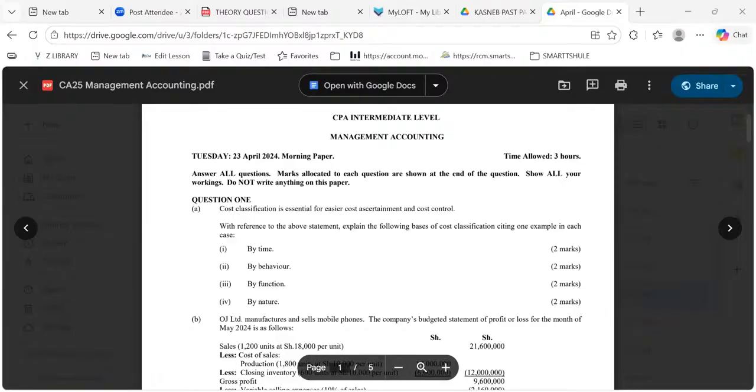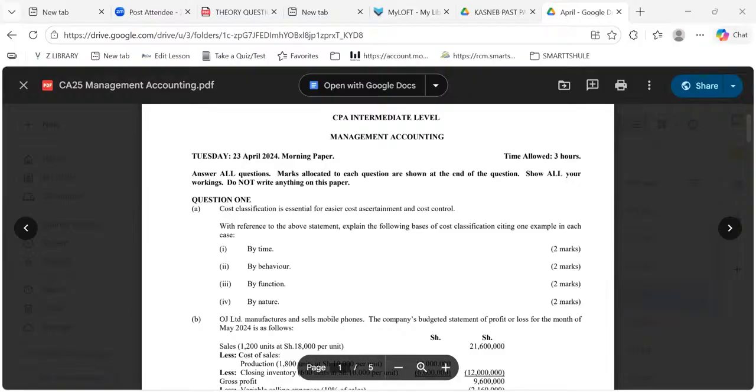Now, the cost classification is essential for easier cost ascertainment and cost control. With reference to the above statement, can you explain the following basis of cost classification, citing one example in each case? If you are to classify cost based on time, are you able to give us examples of cost under that classification based on time?